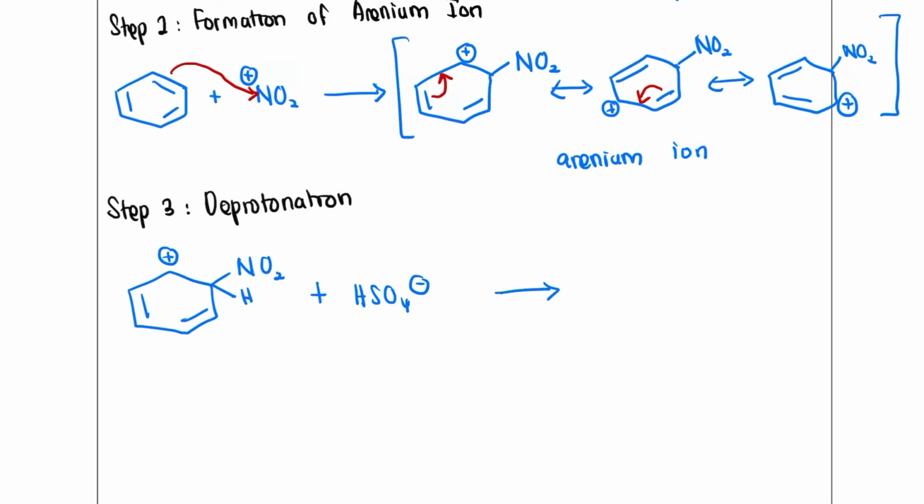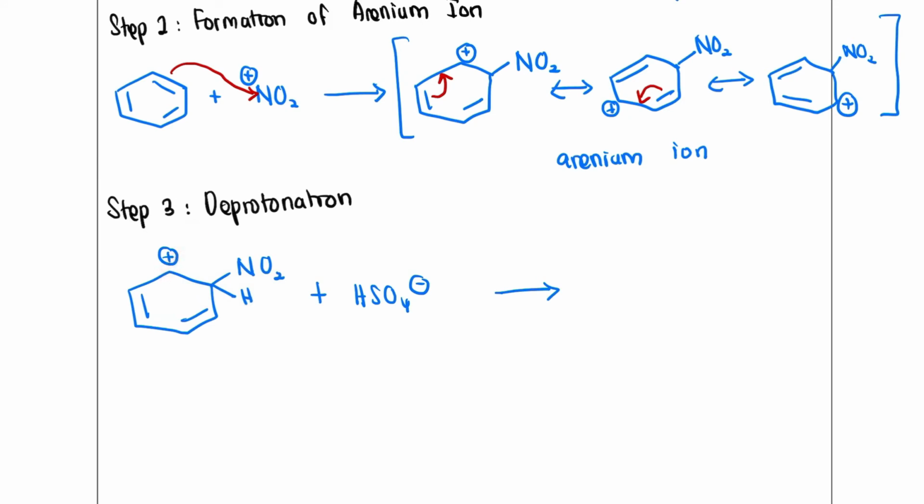Okay, so next step 3, deprotonation. Okay, so we know that the reason why we need to deprotonate is so that we can form the double bond balik dekat sini because benzene lebih stable daripada dalam keadaan dia sekarang macam ni. Okay, so H yang kita nak deprotonate, ini dah kali ketiga saya mention. Okay, hydrogen yang attached to carbon yang ada benda yang baru kita substitute tadi, not this hydrogen here.